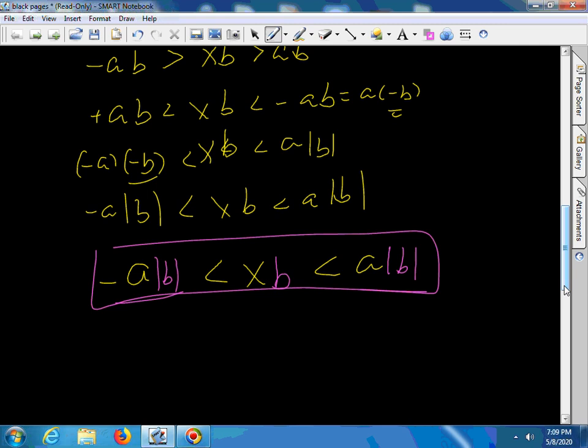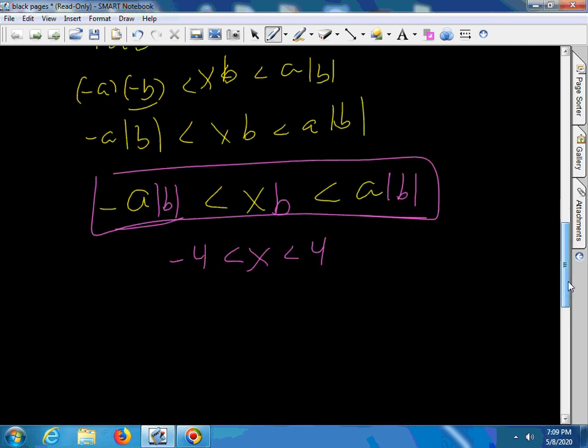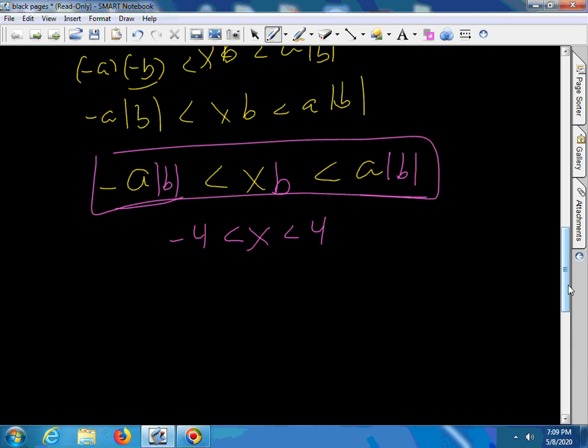So if you know that x is in between negative 4 and 4, and you choose to multiply the middle by negative 7, you can easily maintain those inequality signs, as long as on the outside you multiply by the absolute value of 7.